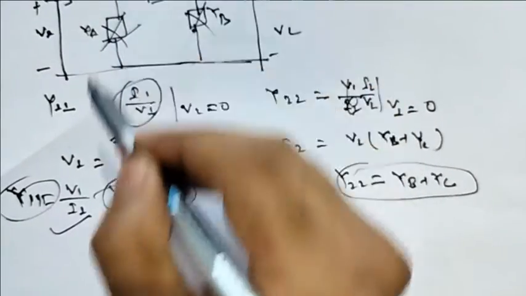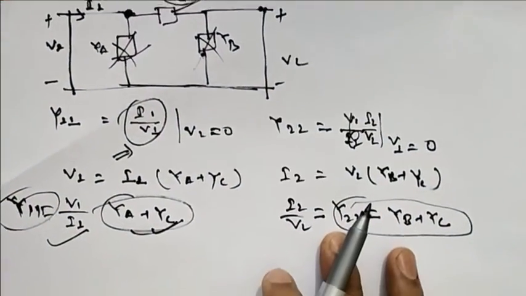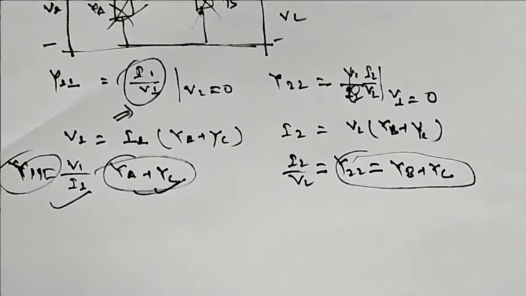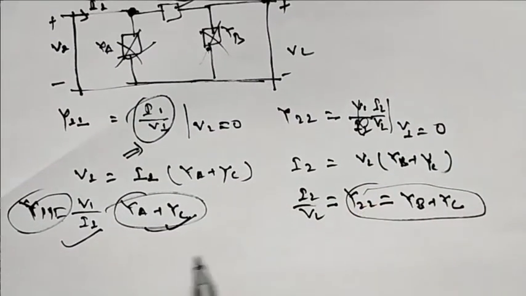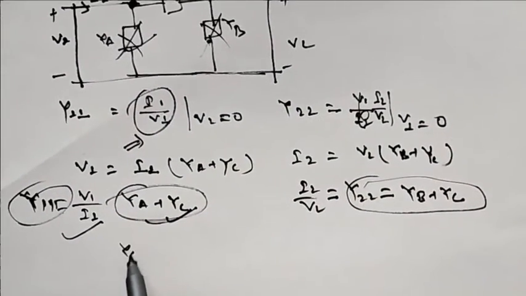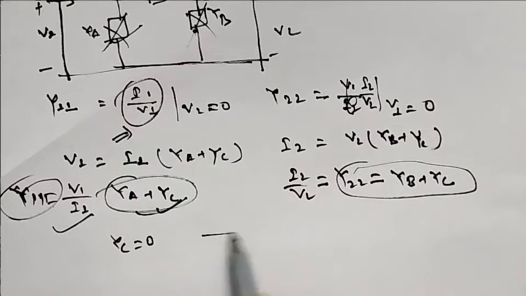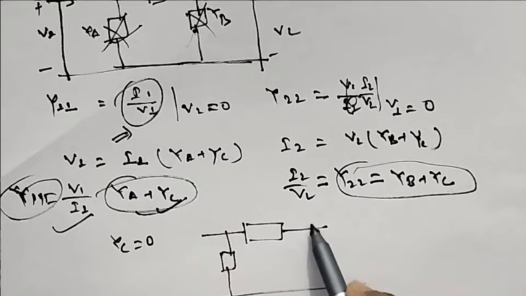Now we need to consider this yc network. Let us construct this circuit once again. This is yc, this is ya, and this is your yb.